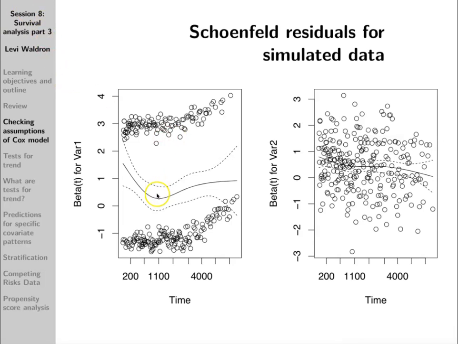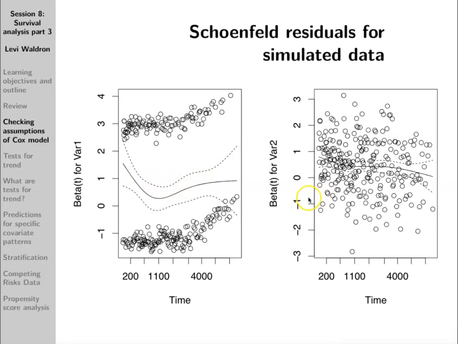All right, so here's what our Schoenfeld residuals look like for our simulated data. Remember, we have two variables. Variable 1 was the categorical variable, and we have one set of negative residuals and one set of positive residuals. The average here is shown with a confidence interval, and it looks pretty much unsystematic over time.